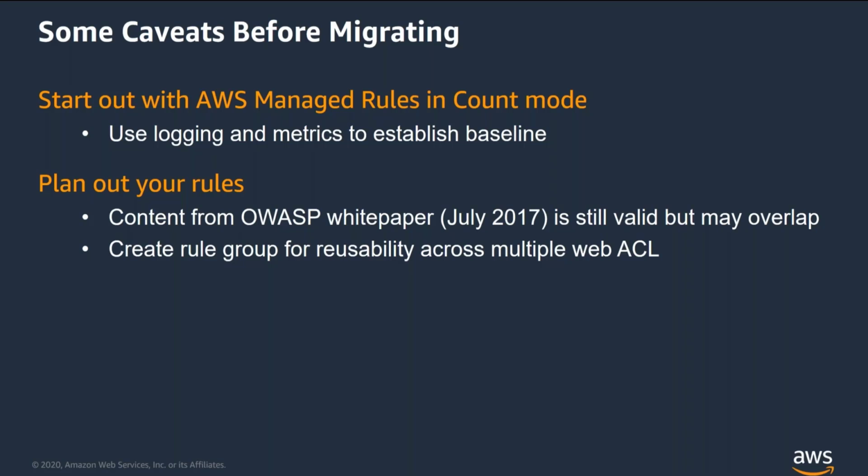So you may want to use your judgment as to whether you want to fully recreate them within AWS WAF or just simply use AWS Managed Rules. You should also think about using rule groups for reusability across multiple web ACLs. For instance, if there are certain rules that you reuse multiple times, put them in a rule group and then reference them on each web ACL.